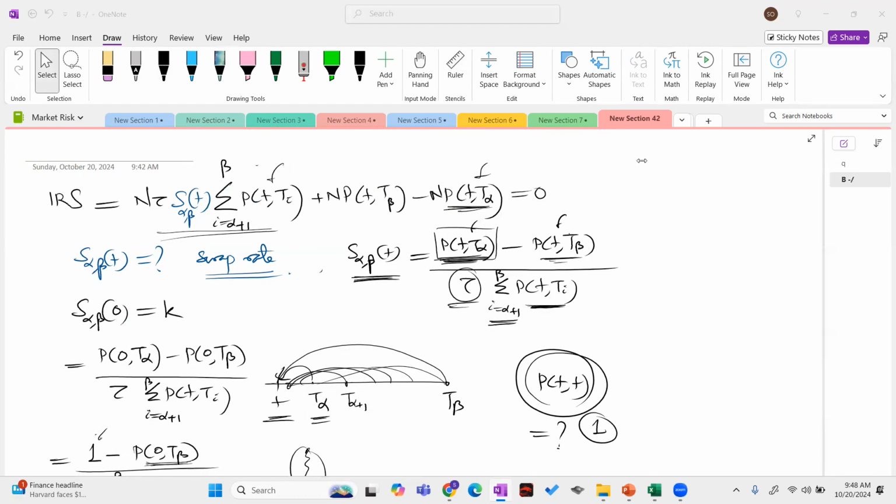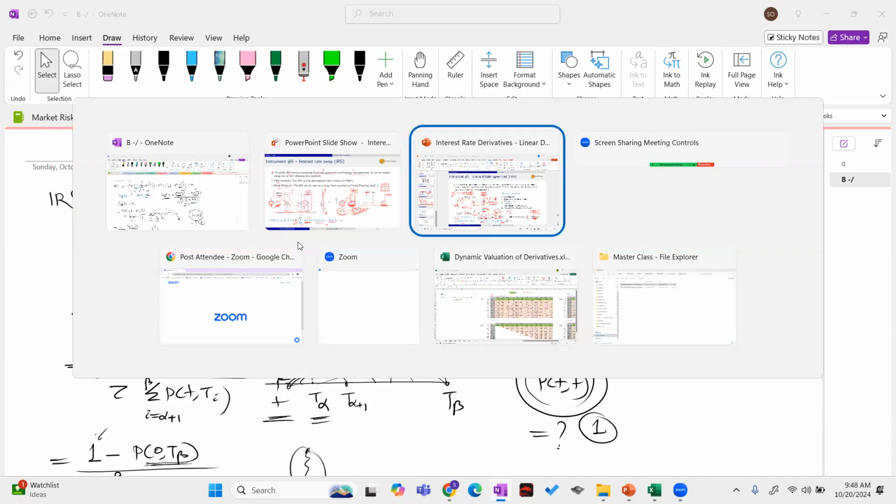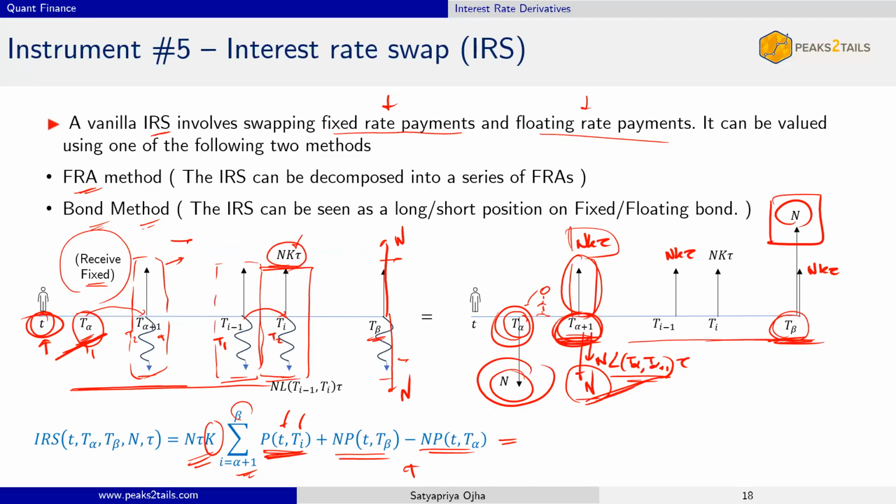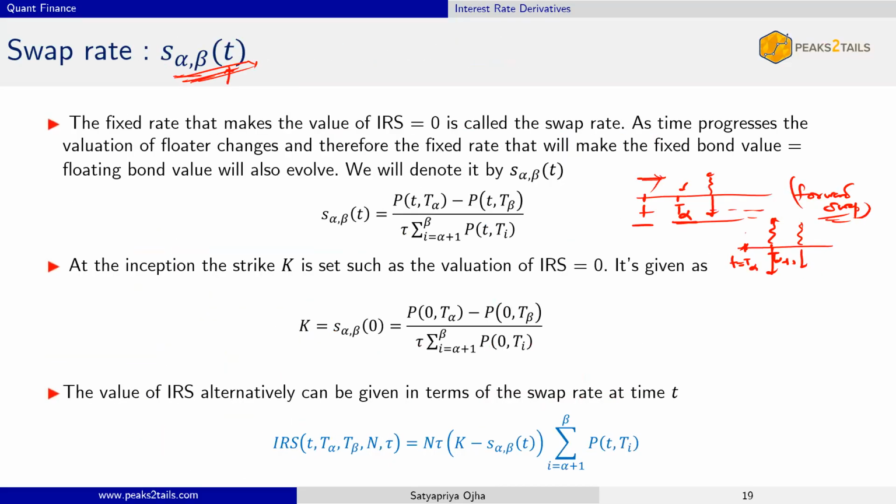The last aspect of this is, remember how for valuation of FRA, we can use the updated forward rate, keep updating the forward rate and you get the value of FRA. For IRS also, if you can plug in the updated swap rate, you can value the IRS. So this is one alternative way to value the IRS.